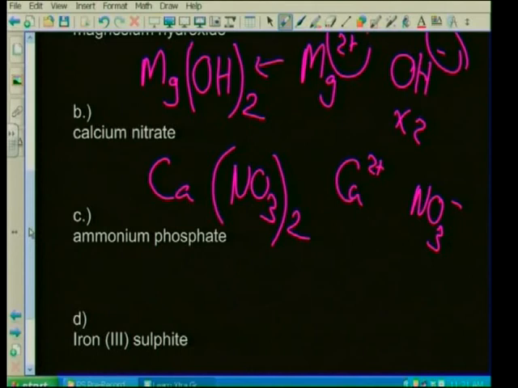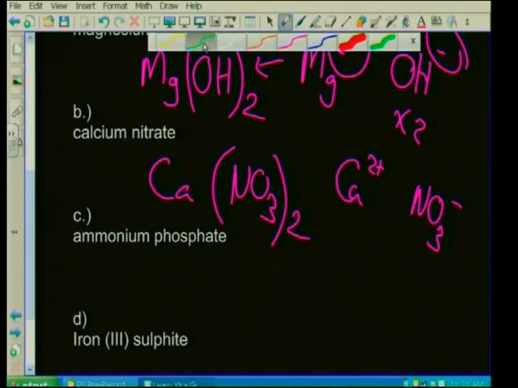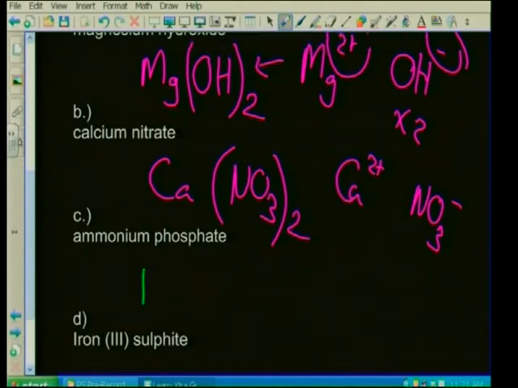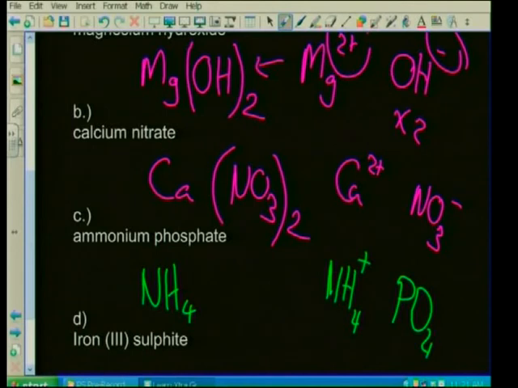Right, next one. Ammonium phosphate. Now, here's one you have to learn. We dealt with an equation earlier that had ammonia in it, but ammonium is NH4 plus. So NH4 plus 1. Phosphate, PO4 minus 3. What does that mean? We're going to need to make sure that the positives and the negatives balance.